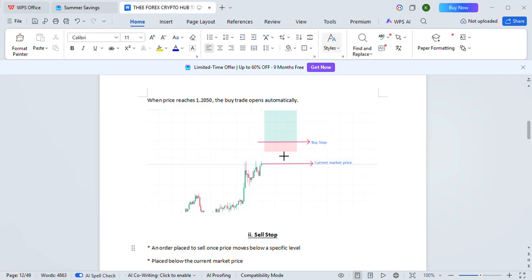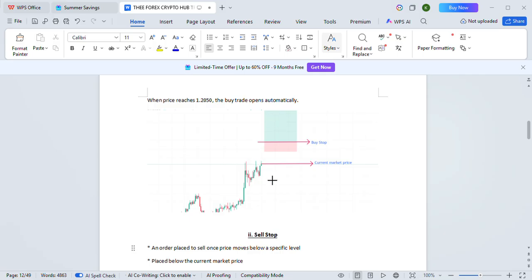So I'll come to a point above the current market, probably at a point like this, and I will place a buy stop, because I expect the market to come and surpass this point with a lot of force. So I'll place my buy stop here early, before the market reaches there. If you place it when the market has already reached there, it's not going to accept it. So I'll place early so that when the market comes, it will activate my order.